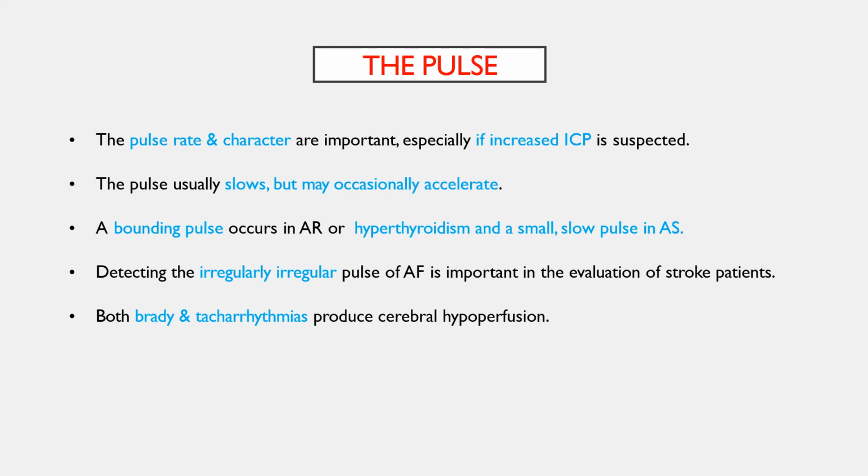By detecting an irregular rhythm in atrial fibrillation or atrial flutter, you can identify the etiology of the stroke and manage the patient with anticoagulants, which is a better preventive measure. Whenever you are giving antiplatelet therapy for a regular stroke patient, if the patient has atrial fibrillation, you need to treat with anticoagulation. That will change the future management of the patient. And you need to look for brady and tachyarrhythmias, as I told earlier. Next slide.